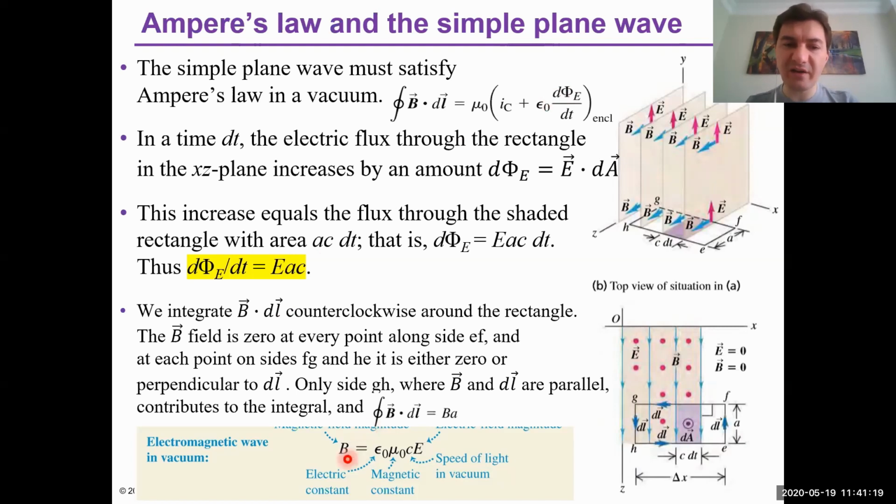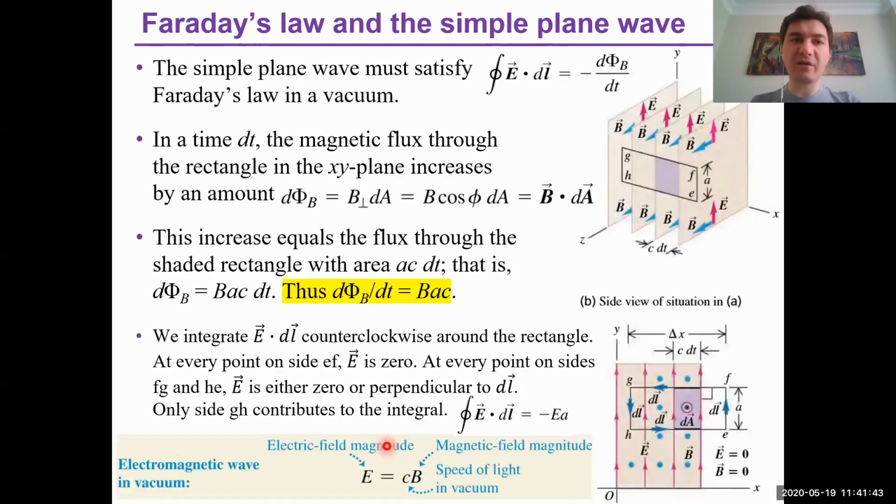Finally, we will have this relation B is equal to epsilon 0 times mu 0 times C times E. We know epsilon 0, electric constant, we have seen in previous chapters. This is magnetic constant, and this is speed of light, and this is electric field, magnitude of electric field, magnitude of magnetic field. So by using Faraday's law, we got that expression.